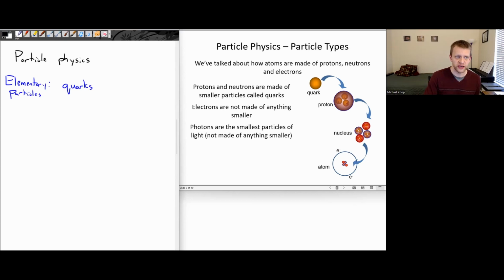These quarks can actually come together to form protons and neutrons. And as far as we know, the quarks are not made up of anything smaller. Electrons are also elementary particles. As far as we know, electrons are not made up of anything smaller, as are photons.